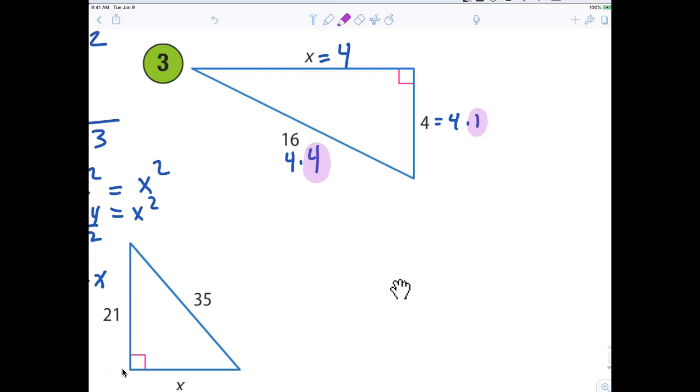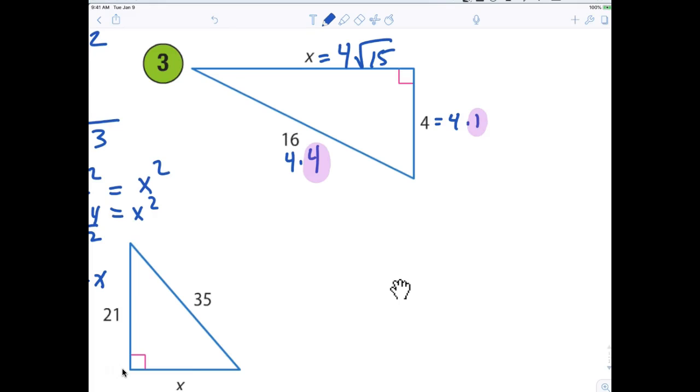I'm given the hypotenuse. So if you're given the hypotenuse, you subtract them, correct? So it'd be 16 minus 1, which is 15. Square root of 15. Come on now, I don't think that's too hard. Now, if you're going, oh my gosh, that's way over my head, then just go back and do 16 squared equals 4 squared plus x squared, and you can see how boring that is. It's much quicker, much easier.